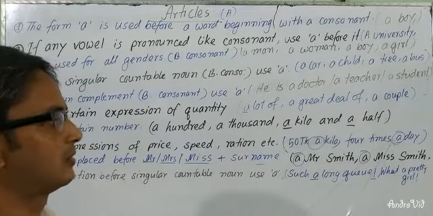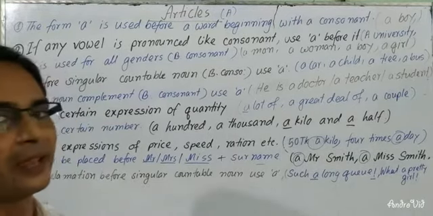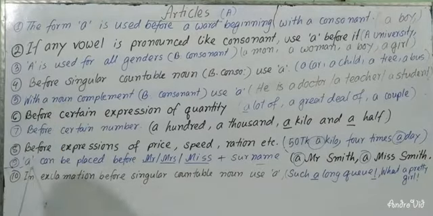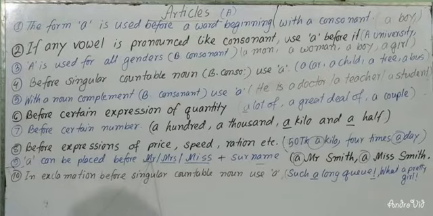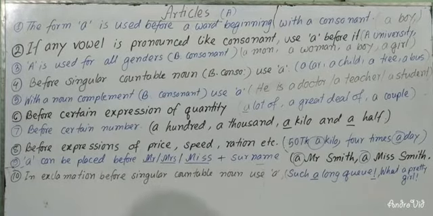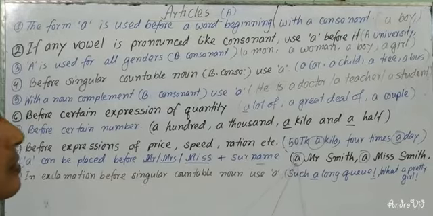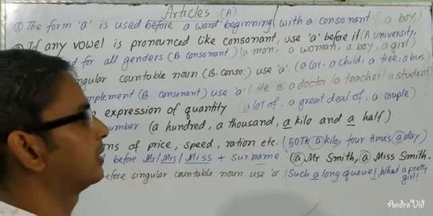You can see here, I have used article a. Article a can be placed before Mr., Mrs., Miss plus surnames. If you use surnames with Mr., Miss or Mrs., you will have to use article a. Mr. Smith.